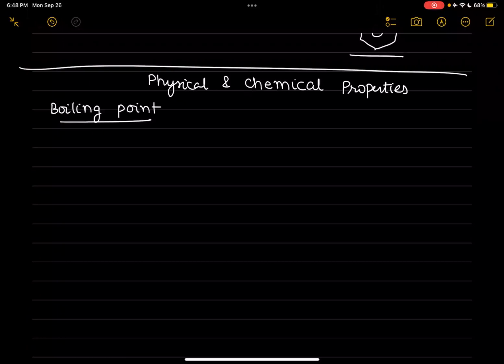So I will give you three compounds. Okay. So one is water, another is alcohol, and let's take this alcohol. This is ethanol.